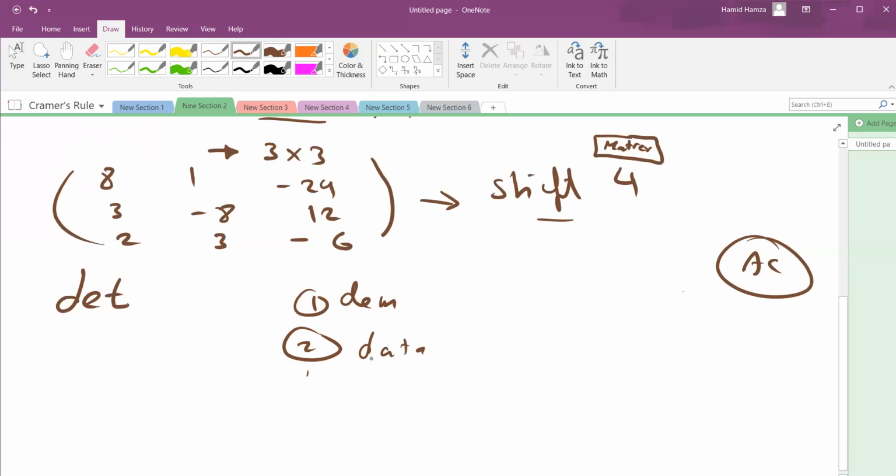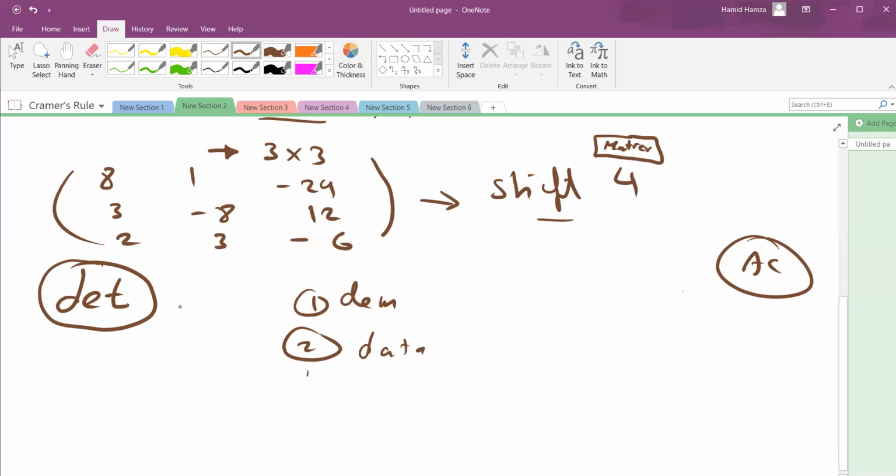Matrix, Mat A, Mat C, Mat B. Did you get this shortcut? No. I got the first thing that we got: matrix, Mat A, Mat B and Mat C. Okay, so let's go back.